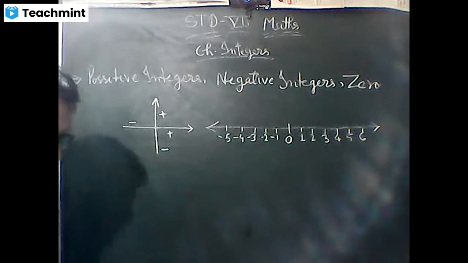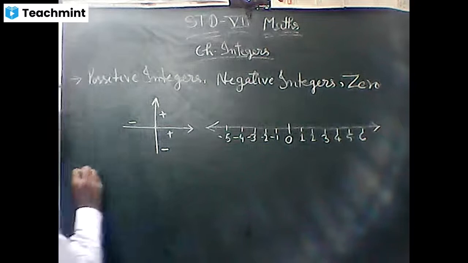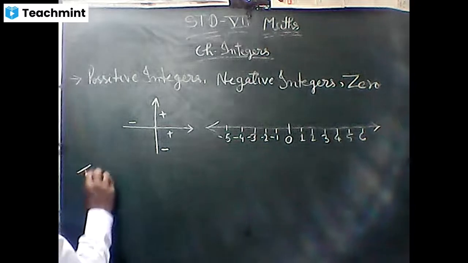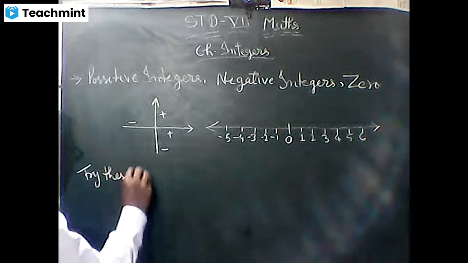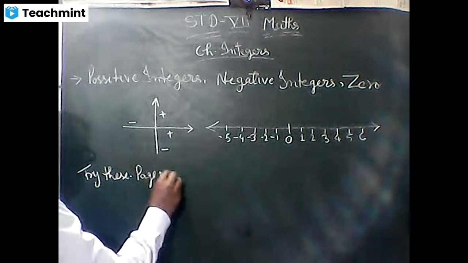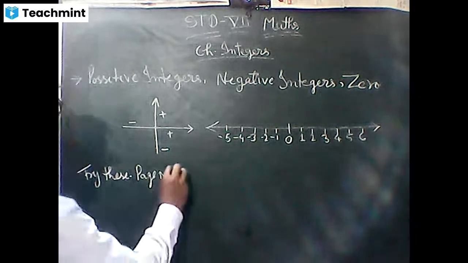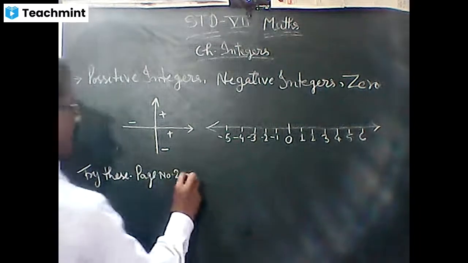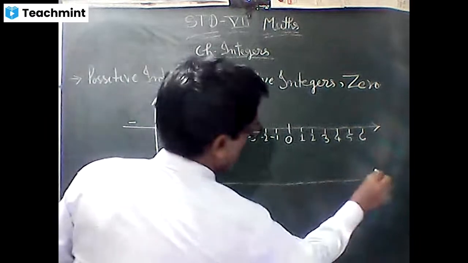So many alphabetical letters. That is your try these, page number 2. This is your number line. Here it is drawn.